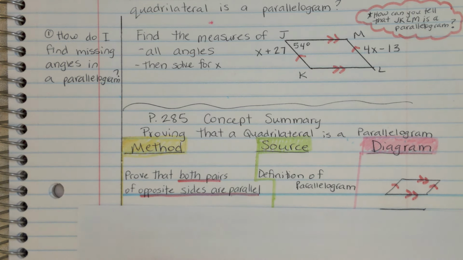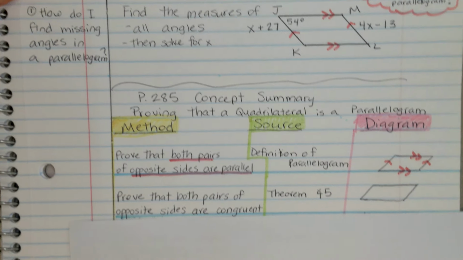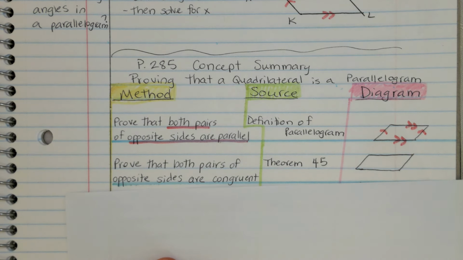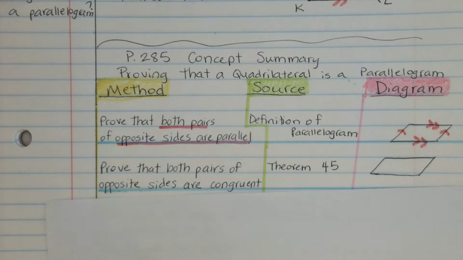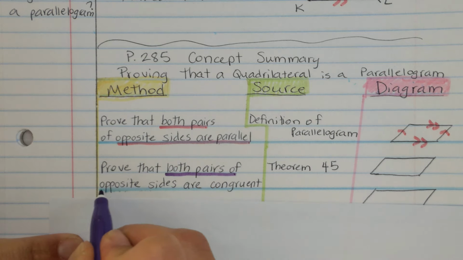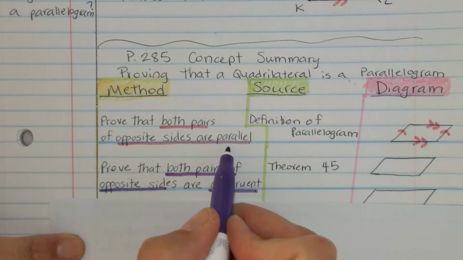Pause if you need to, but I'm going to start showing the next one. Here is another way to prove that a quadrilateral is a parallelogram. We can prove that both pairs of opposite sides are congruent. Remember, congruent marks are different than the parallel marks.